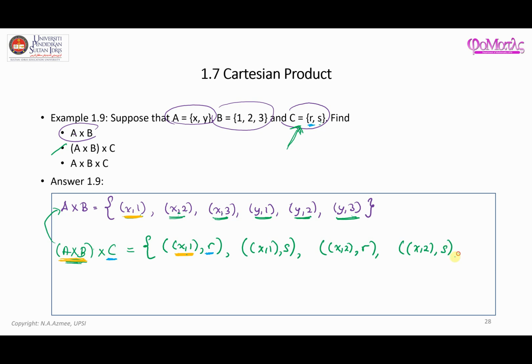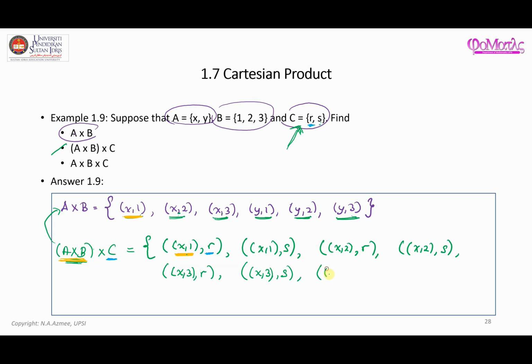And then we're going to have this element over here. So we have x3 combined with r, and then x3 combined with s. You can continue with this pattern.